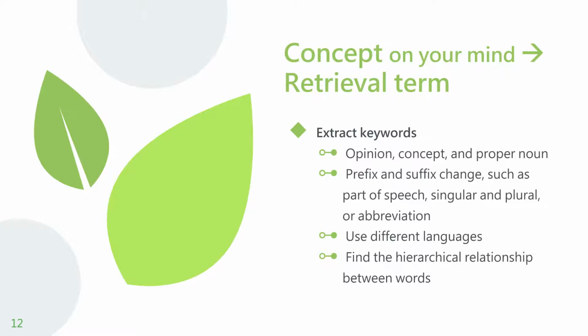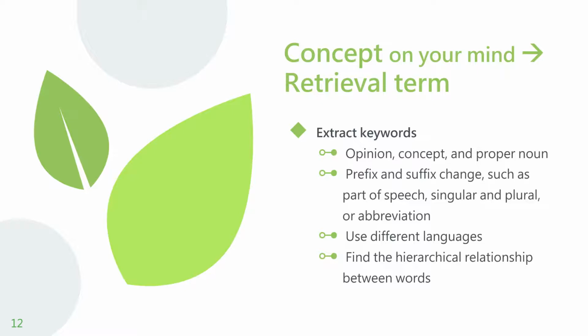Before you do any searching, from a concept in your mind to an exact retrieval term, you have to brainstorm a list of all the words and phrases and extract keywords. It might be a specific name, a significant proper noun.